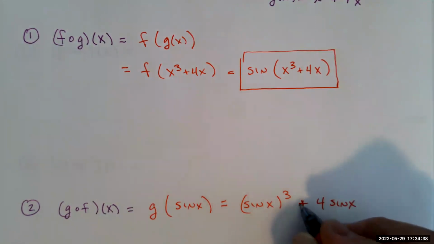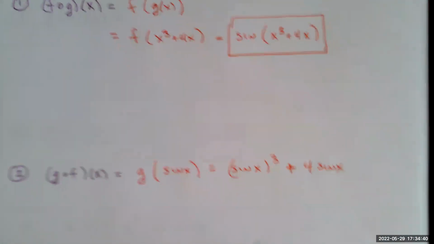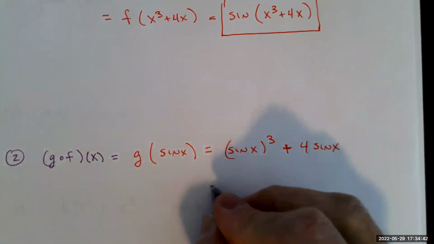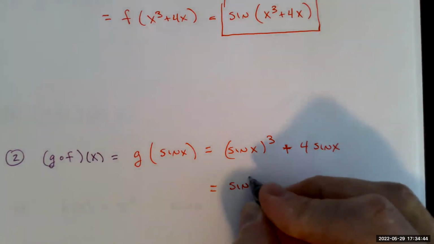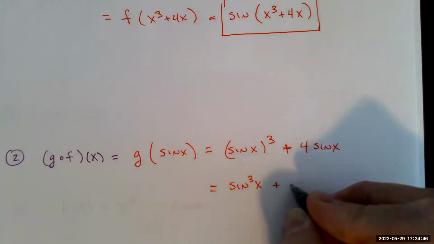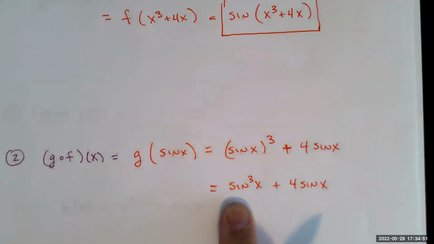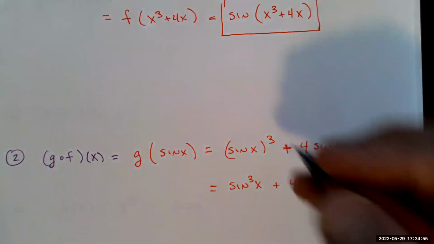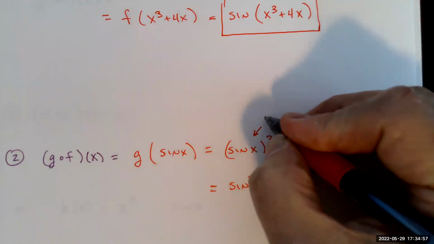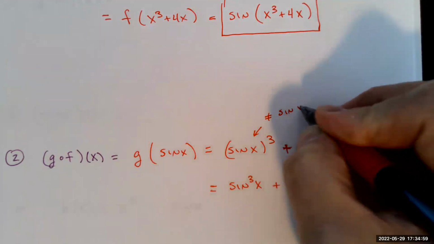Now, when we cube sine, how do we usually write sine of x cubed? Well, you should be familiar with this notation, sine cubed x. That's what we mean when we write sine cubed of x. It's really sine of x, cubed. It's not sine of x cubed. So this right here is not the same as if I write sine of x cubed.